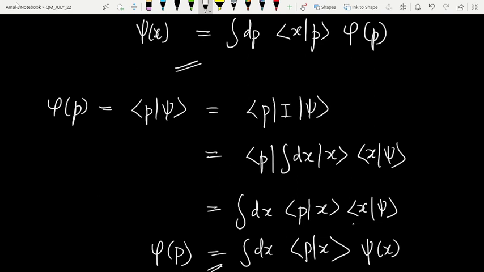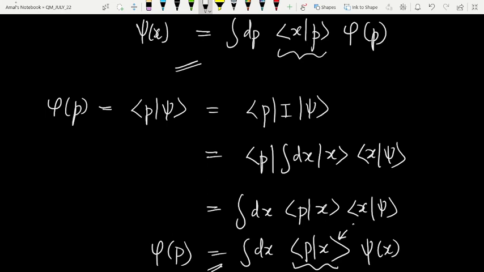And here you can see this is an inner product. This is also a function, but this inner product of p with x is the complex conjugate of the inner product of x with p. So we obtain the relation between psi of x and phi of p, and phi of p and psi of x.